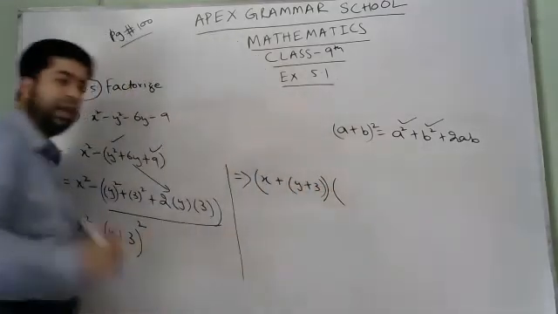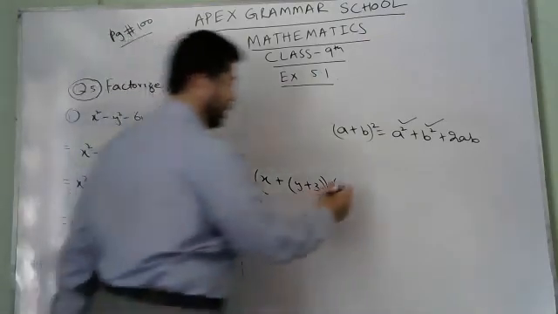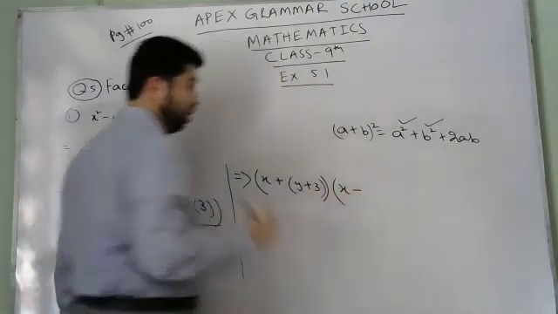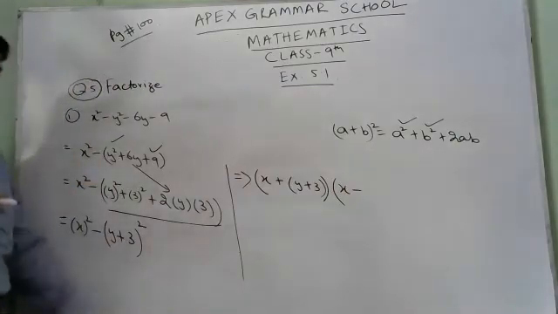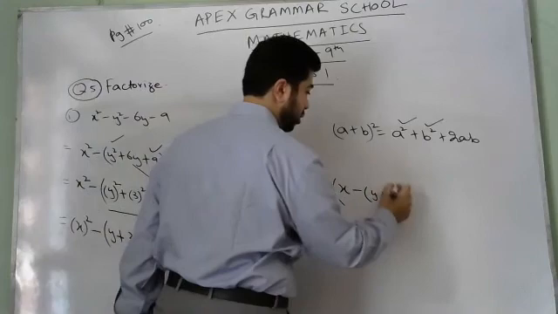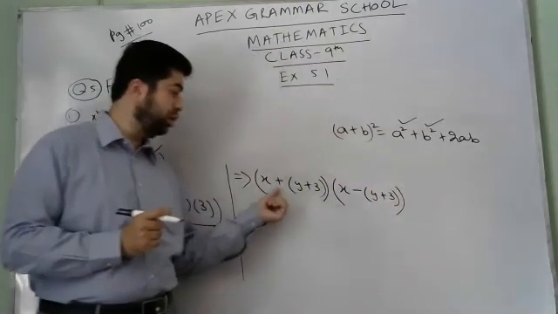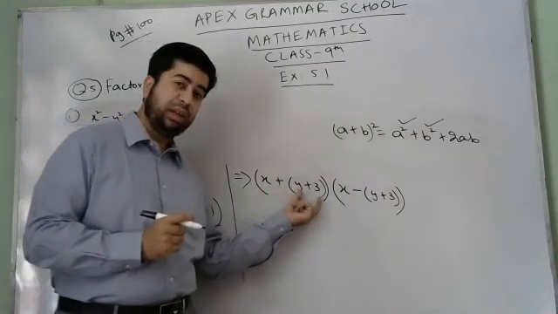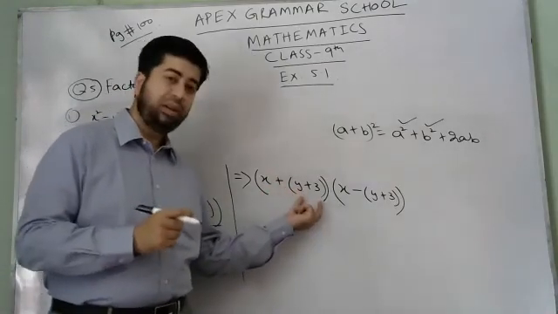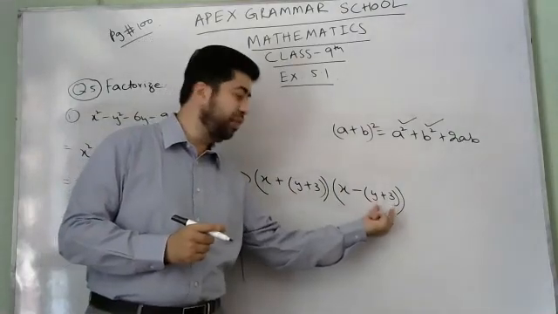Now a minus b. What is the value of a? That is x, and after that, now negative sign, the value of b, that is y plus 3. One thing you have to be very careful about. After a positive sign, you have to write the value within brackets, and after a negative sign, you have to write the value within brackets.